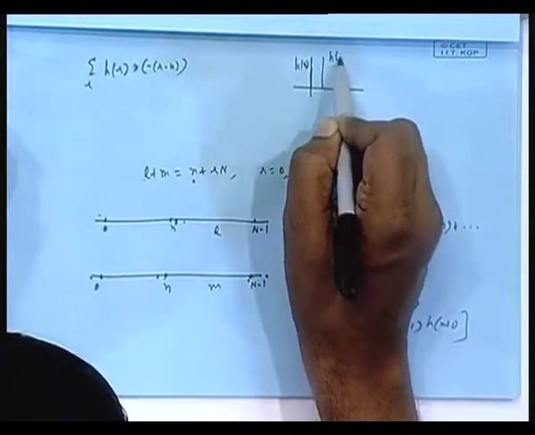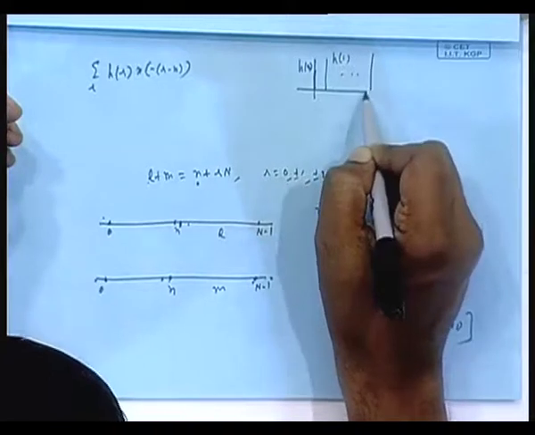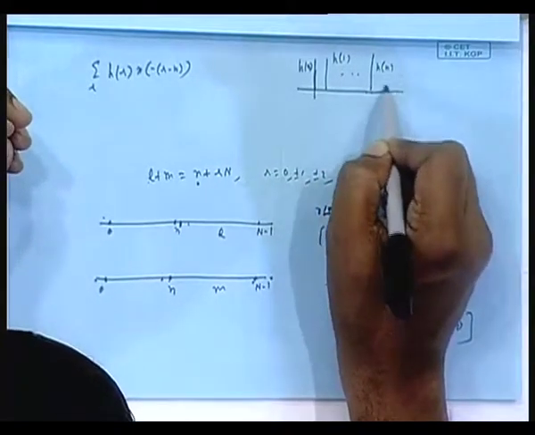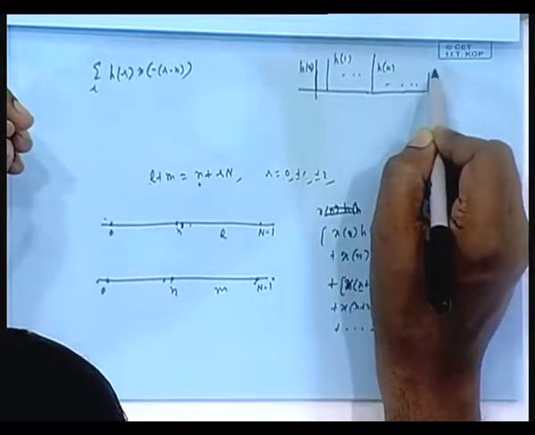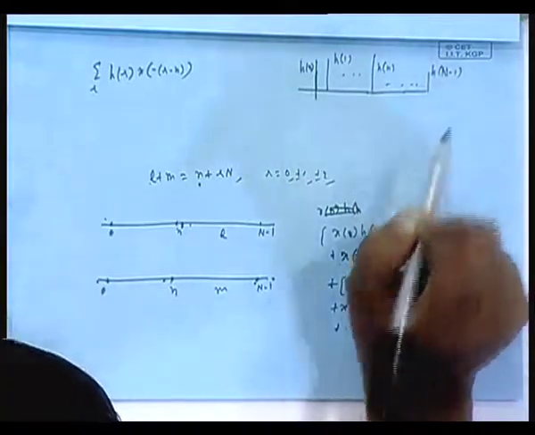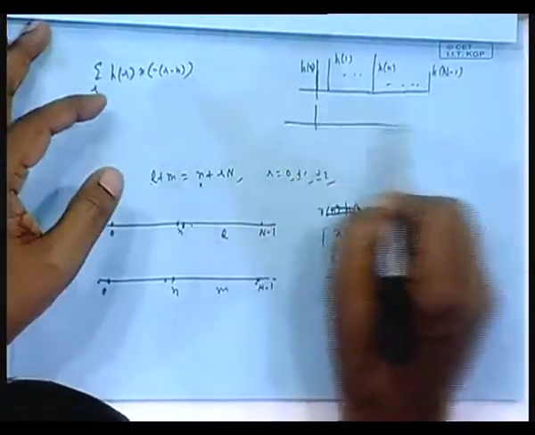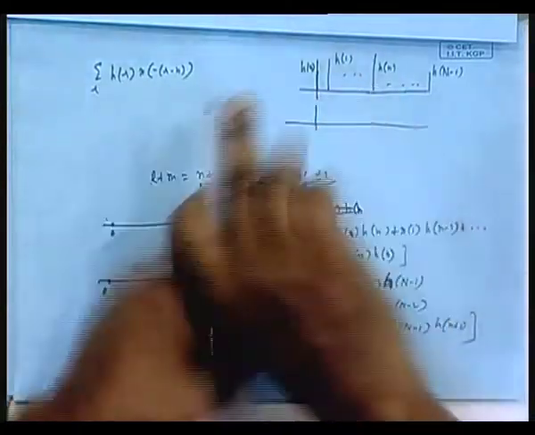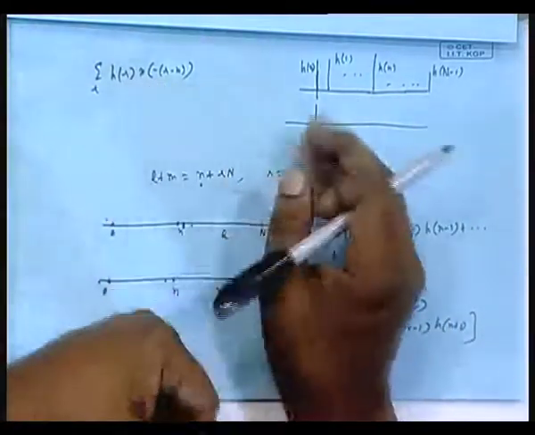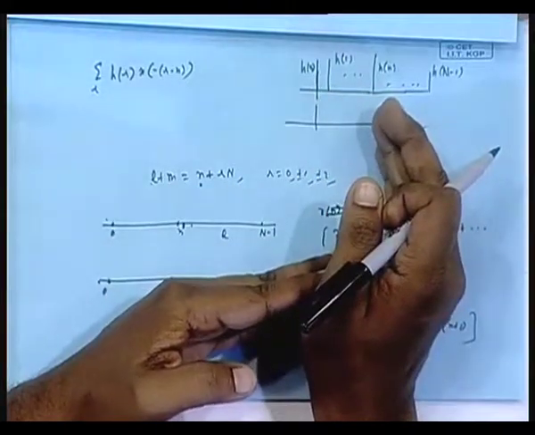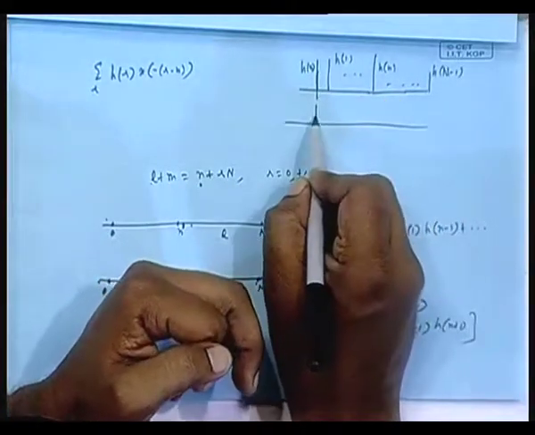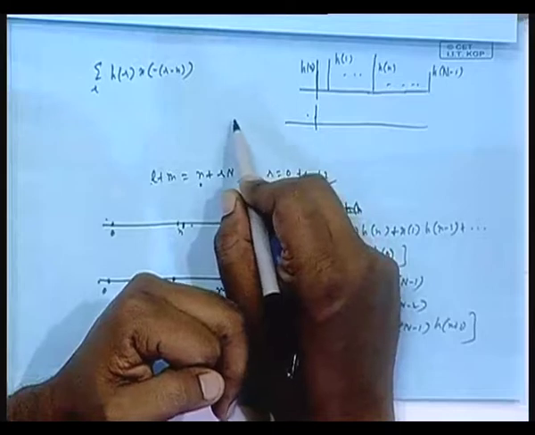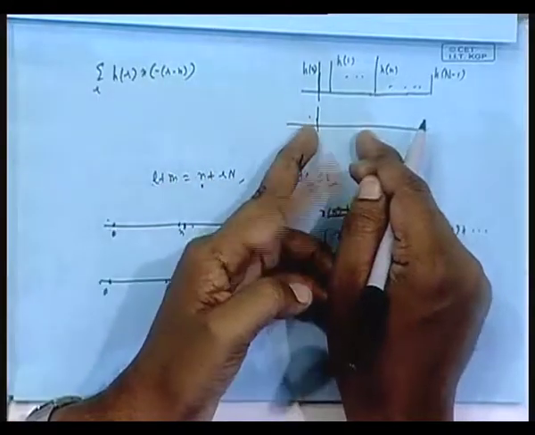and suppose h is h0, h1, dot dot dot, hn, dot dot dot, hN minus 1, fine. X also was a sequence like this from here to here. First you reverse it because it is minus, and then shift it by small n. If you reverse it, x0 x1 x2 dot dot dot on this side, and then you shift it to the right by small n.